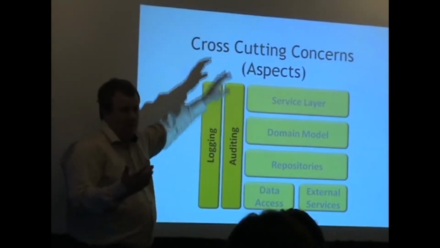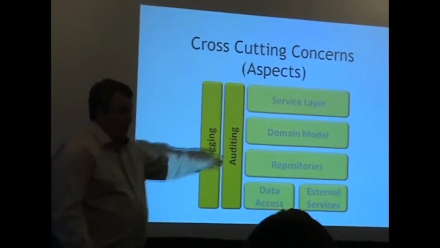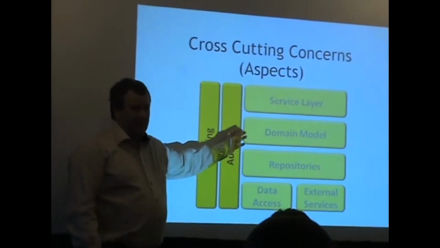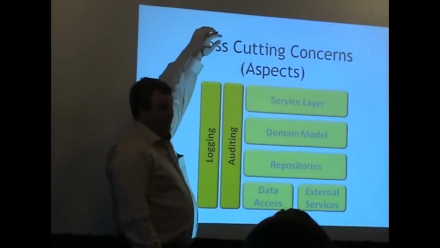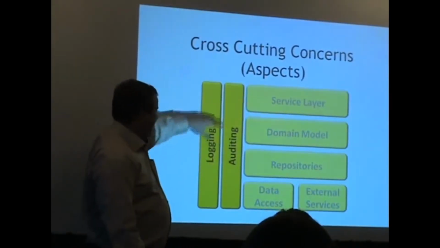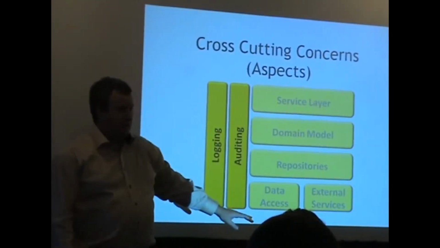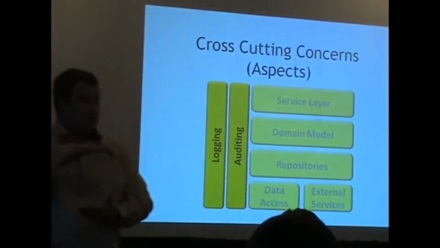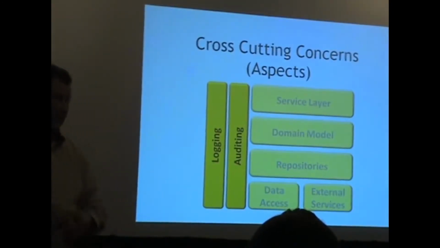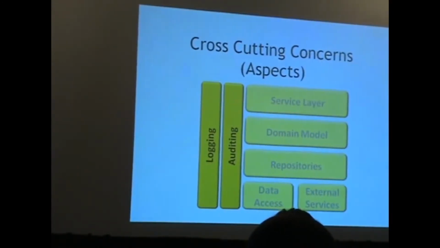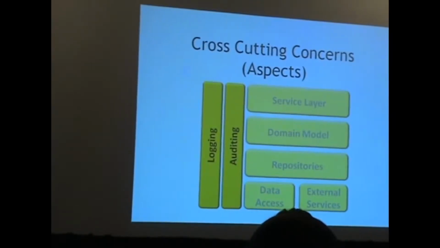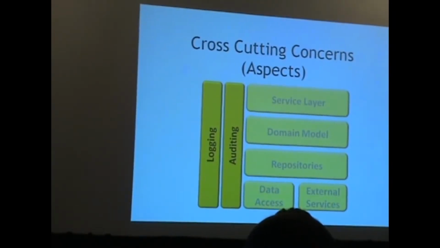I just might not want to log my UI. I might not want to audit what's happening in my UI either. So they don't have to go all the way up, but they might go in there. You might have auditing only at data access, your repository layer and lower. But it's cross-cutting, right? It covers a couple of different areas in the code base. It doesn't fit into one spot. And that's what we want to try and do in our code, make everything have its own proper place.